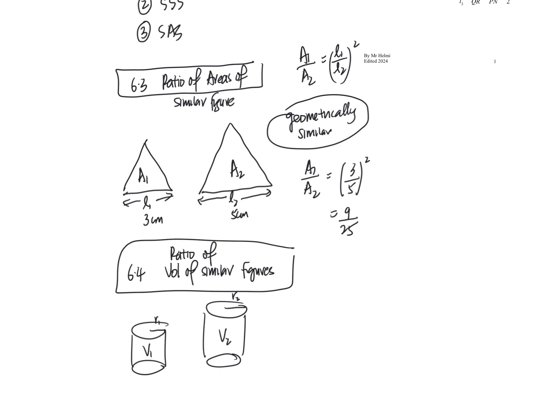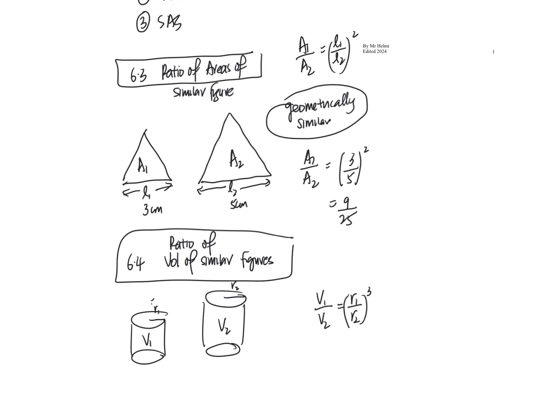Any sides I'm talking about can be height, can be radius, can be diameter, any height we are talking about. So volume of the container 1 to volume of the container 2 is always cube of the ratio of one side. So as long as I find the ratio of one pair, I cube it. That is the ratio of the volume.